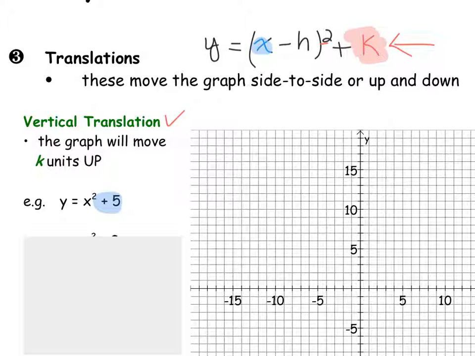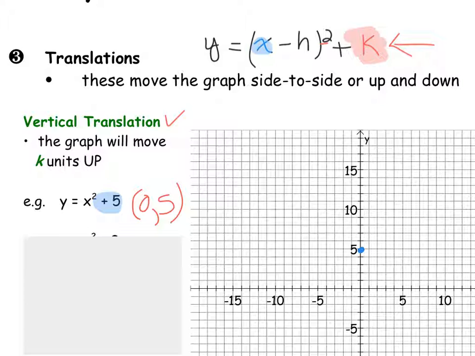In fact, my vertex would be at (0, 5) because I'm not shifting left or right. So my vertex would normally be at 0, but it's not going to be in this case because I'm shifting my graph 5 units up.